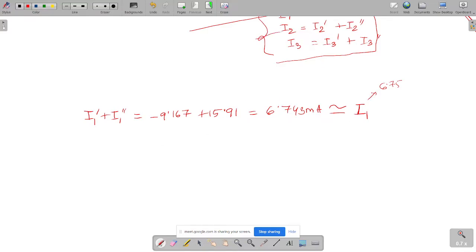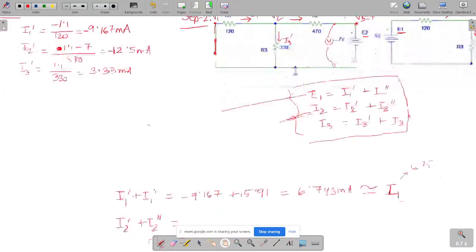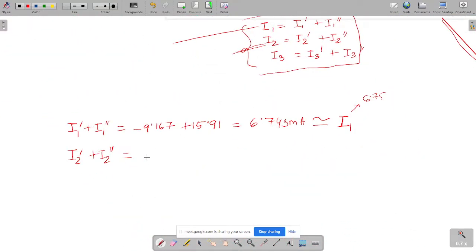Now let us verify the second equation. How do we verify it? We add I2 prime and I2 double prime. So what is the value of I2 prime? It's minus 12.5 milliampere.